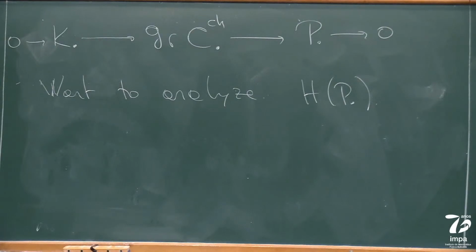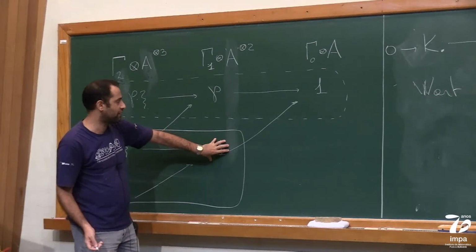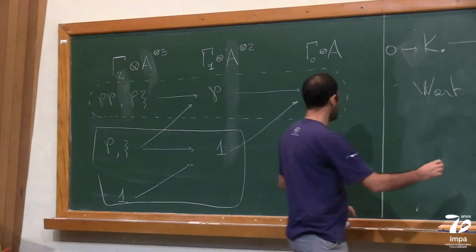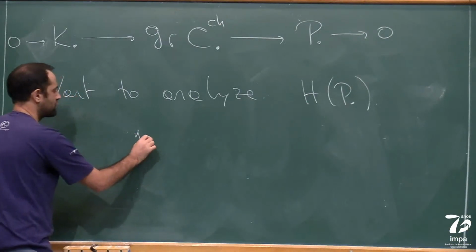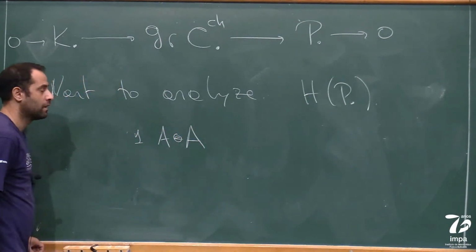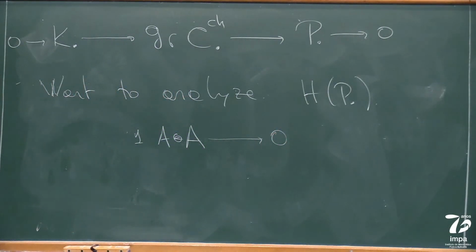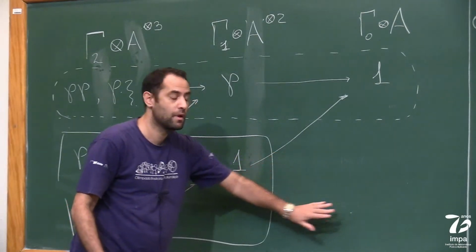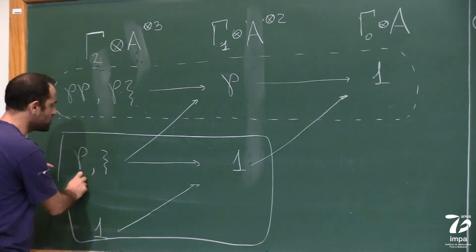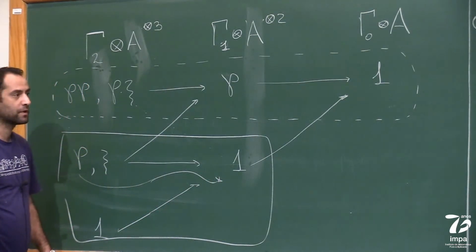What I have in degree 1 is the only thing that survives, this guy here, and I have the function 1 times A tensor A. This guy maps to 0. There's nothing in this complex in degree 0. But then I can look at modulo the images of these guys and see what I get.